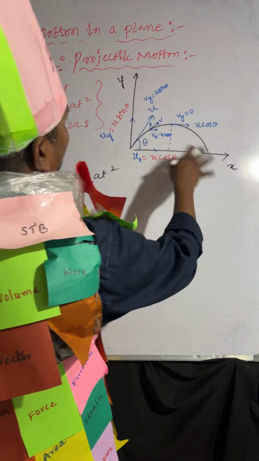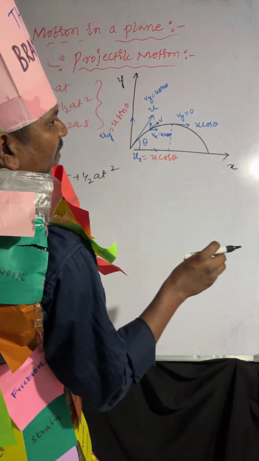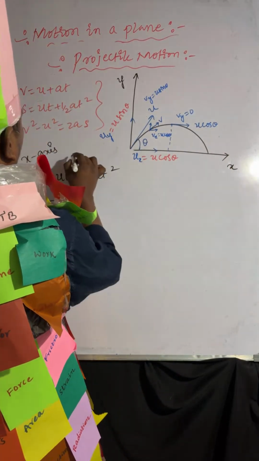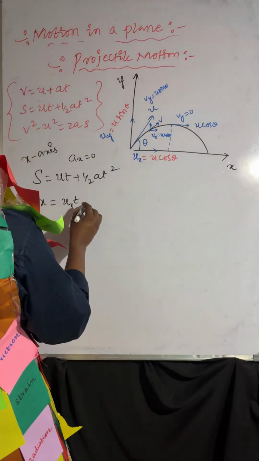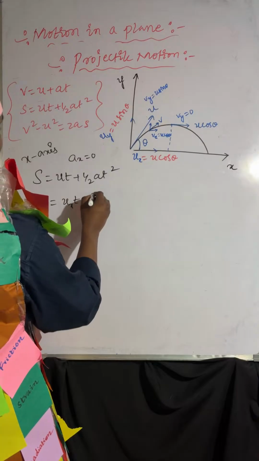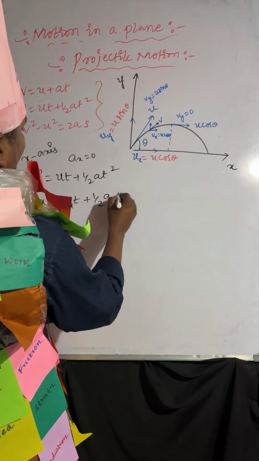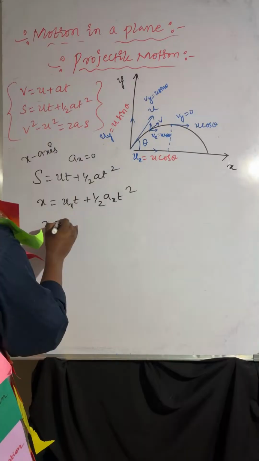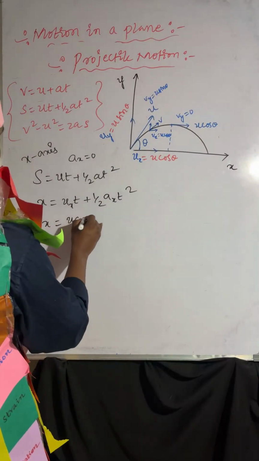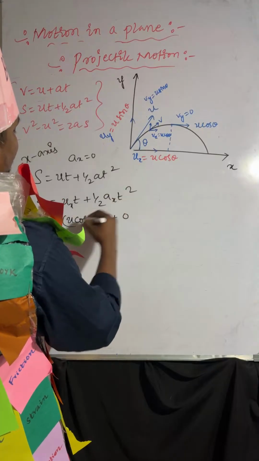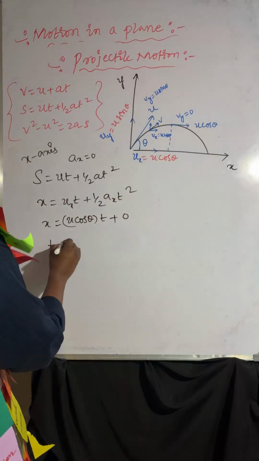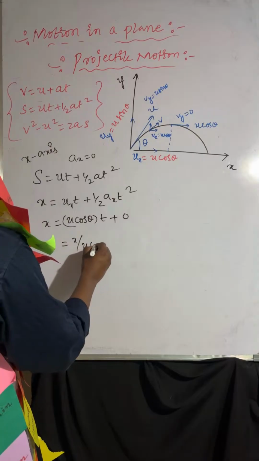Throughout the path, the horizontal component of velocity is the same, u cos theta. So ax becomes 0, and the half ax t square term becomes 0. Then x equals u cos theta into t, so t equals x by u cos theta.